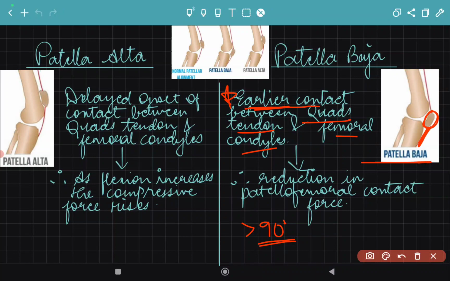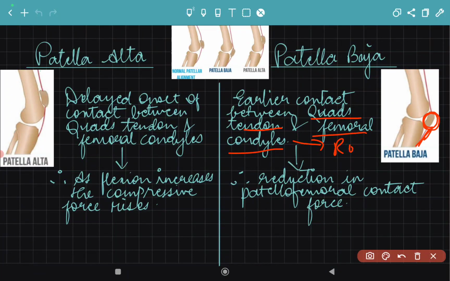Here the quadriceps tendon will make contact with femoral condyles, which is more important to consider. But in patella baja, again the culprit is the short patellar tendon, because of which the patella is sitting in a lower position than normal, and which will cause earlier contact between the quadriceps tendon and the femoral condyles within that specific range of motion of knee flexion.